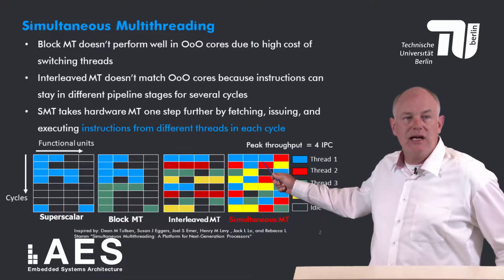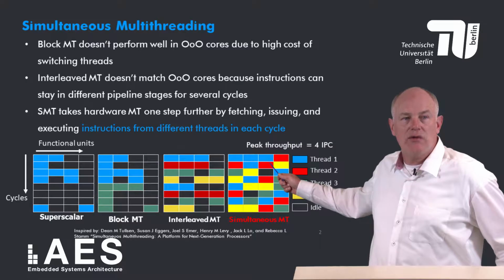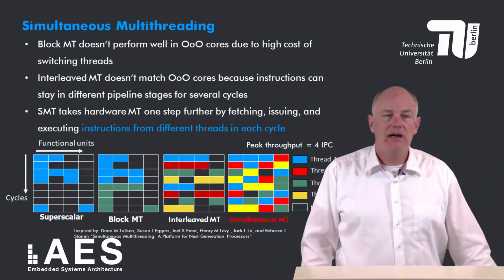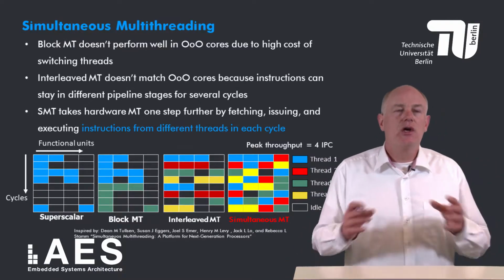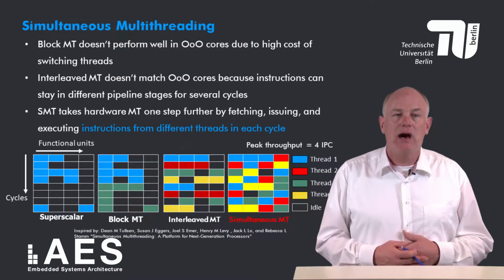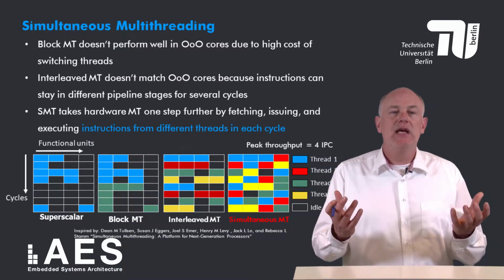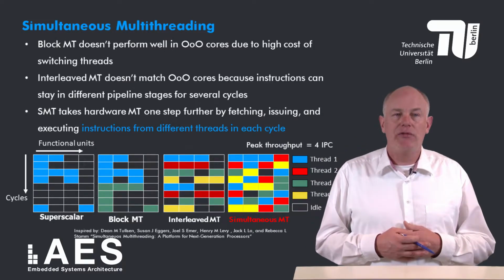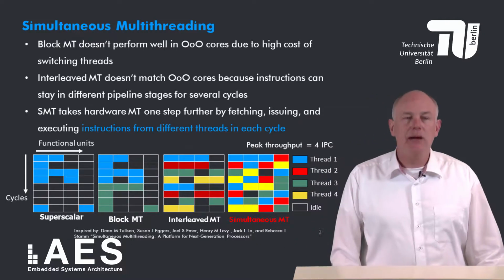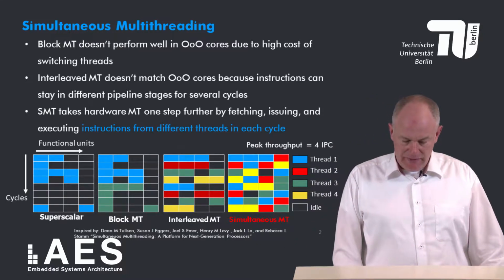And in the next cycle we issue 2 instructions from the red thread and 1 instruction from the blue thread, and we still have 1 waste slot. So the goal is to make better use of the available ILP hardware by executing and issuing several threads at the same time in a simultaneously multithreaded fashion.